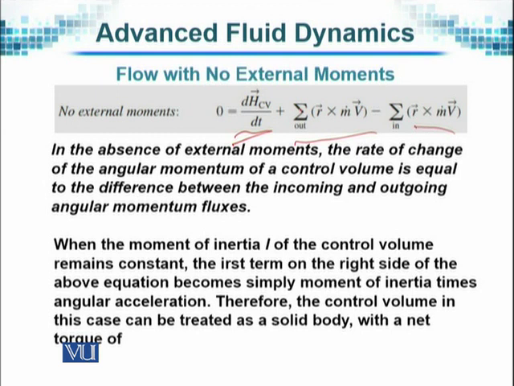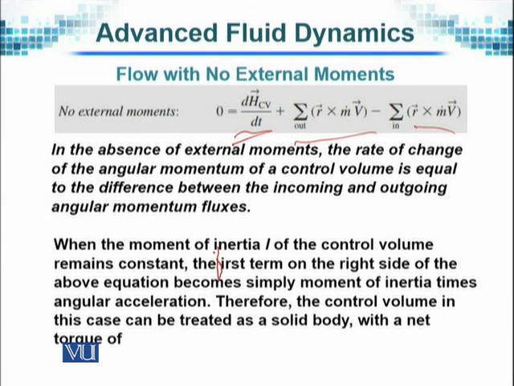When the moment of inertia I of the control volume remains constant, the first term, this is a small typographical error, and this kind of thing happens normally. It's an inadvertent typing error. So the first term on the right hand side of the above equation becomes simply moment of inertia times the angular acceleration.